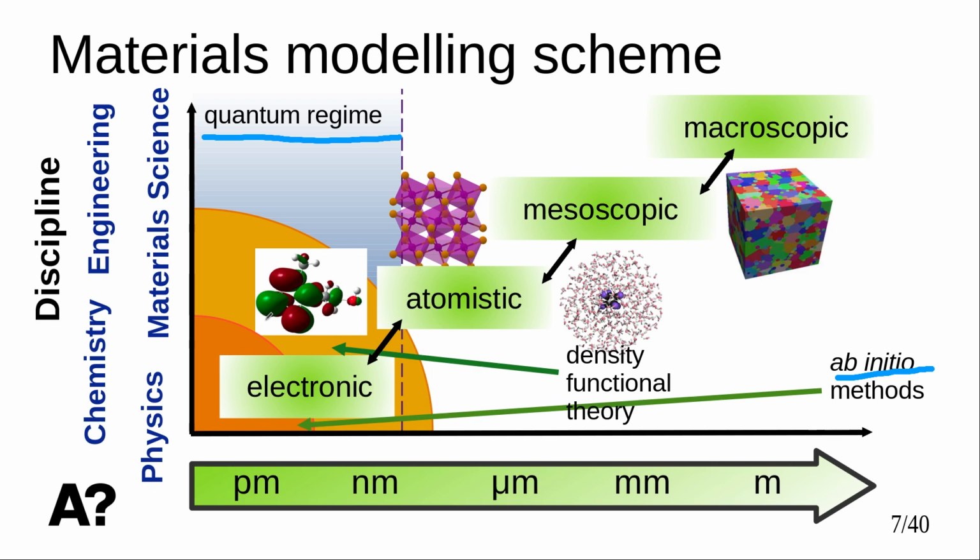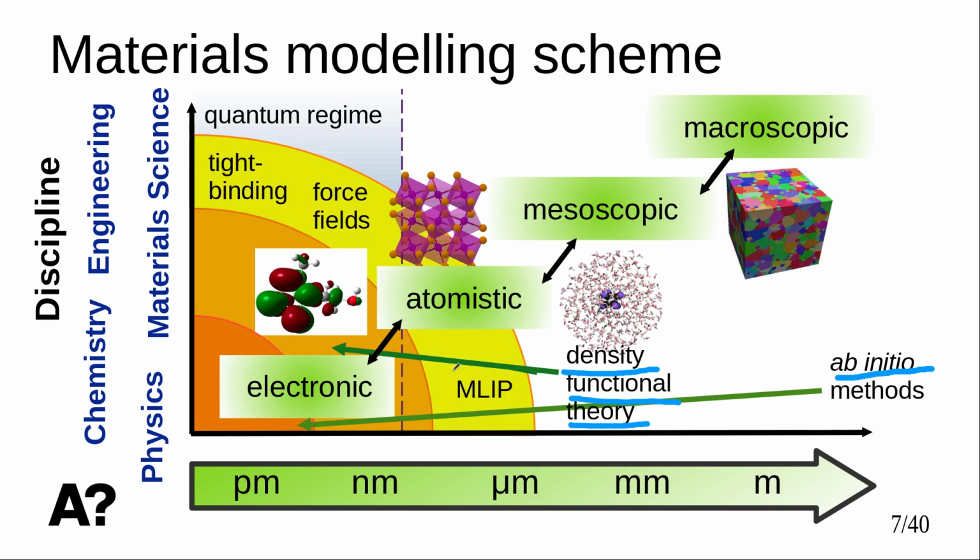If we go one step further, we end up with density functional theory, which we will discuss today, and it also takes place in the quantum regime, but also goes beyond that, and it covers electronic properties as well as atomistic properties.